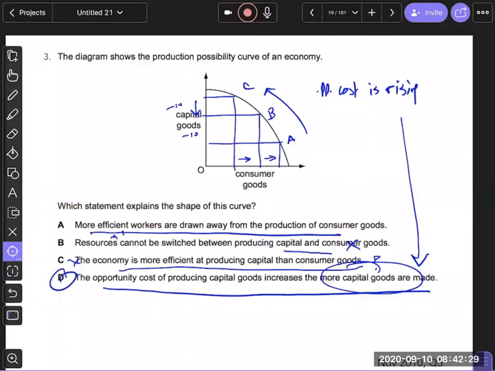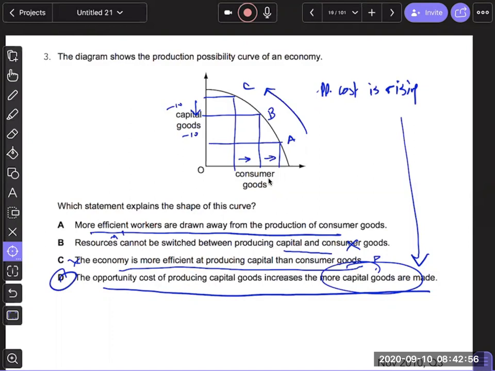The reason is very simple: when you send resources from one use to another, because resources are not equally good at making that good, there will come a point where the resources you're sending might not be good enough, and therefore might not give you that much output, and as a result, you have an increasing opportunity cost.